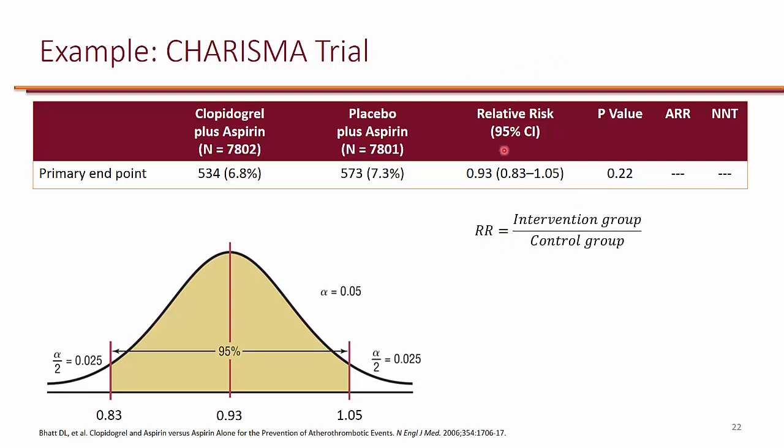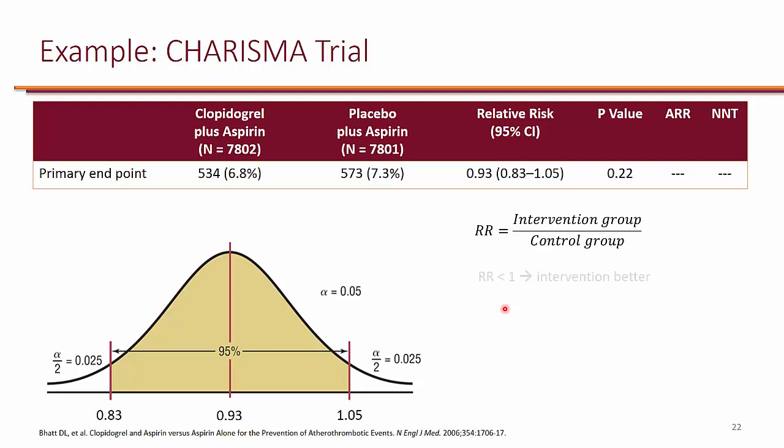Now, the way they calculate relative risk or risk ratio, it's a ratio of your intervention group and your control group. So because it's a ratio, it's a matter of how many events happened in each group. So that helps you understand, obviously here, more events happened in the control group. So 573 is larger than 534, which means that you're dividing a smaller number by a larger number.